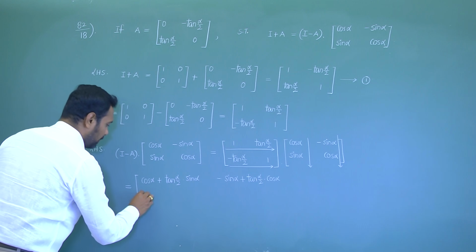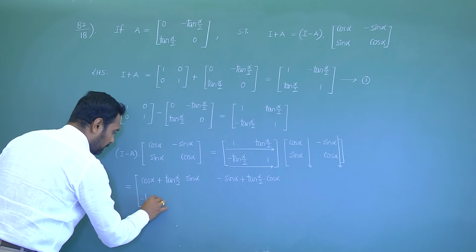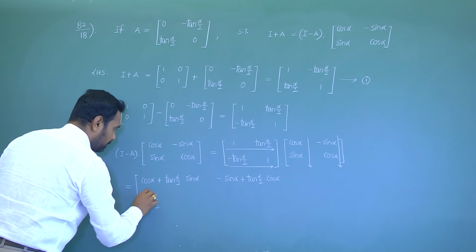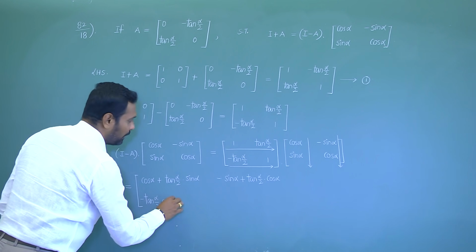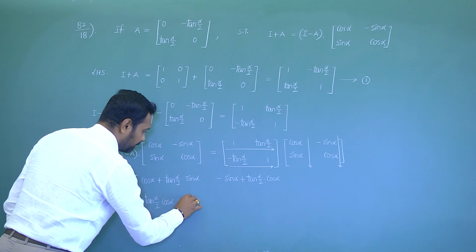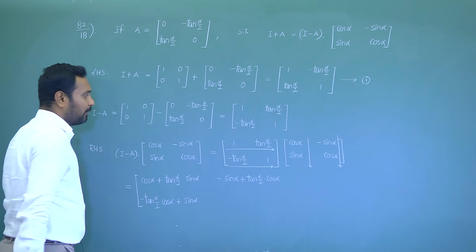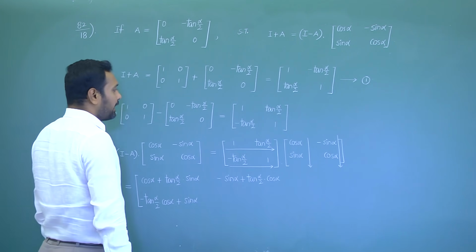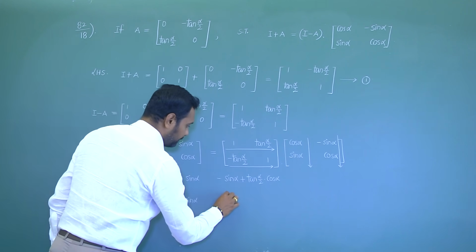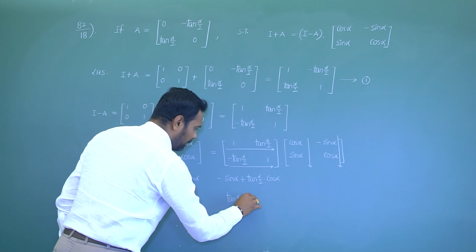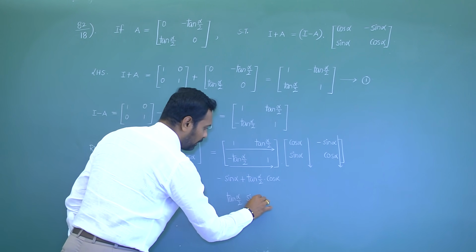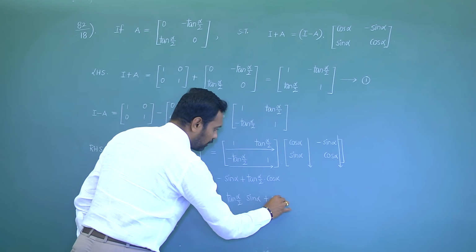Second row, first column: minus tan alpha by 2 into cos alpha plus sin alpha. Second row, second column element: tan alpha by 2 into sin alpha plus cos alpha.